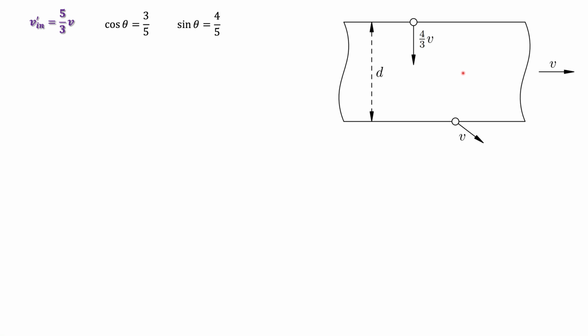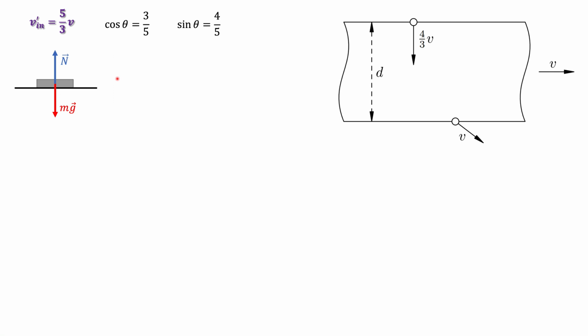So let's find all the forces that act on a coin. First of all, vertically, we can look at this coin. This is our coin, the gray one, and the black one is the paper. So the coin has two forces acting on it: the normal force from the paper going up, and the gravity force going down.